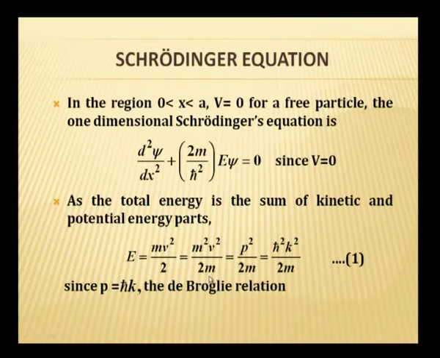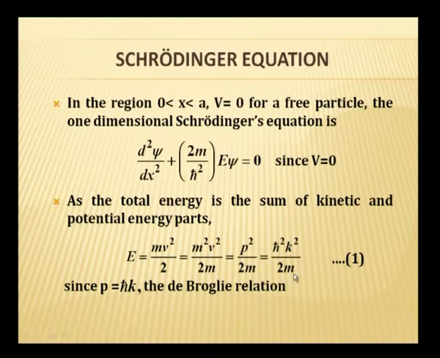The momentum is mass into velocity, so it is p square by 2m, and from the de Broglie relation, the momentum p is h cross k. Therefore, the energy becomes equal to h cross square multiplied by k square by 2m.